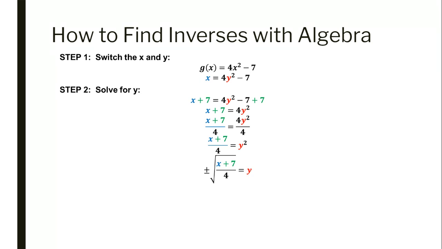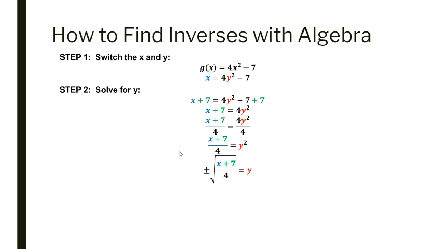So here we go. We're going to work from the outside in. That means we're going to add 7 to both sides. And then we're going to divide both sides by 4. And now we have something equal to y squared. How do we undo a square? We take the square root.